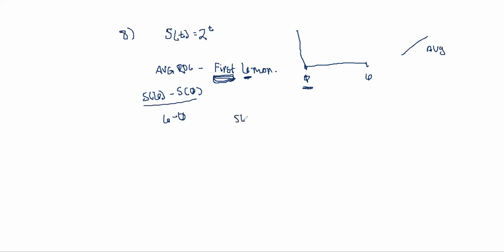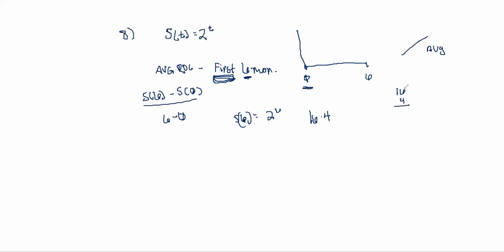So S of 6 is equal to 2 to the 6, which is equal to what? 16 times 4. That's 48. That's not right. Sorry, I don't have a calculator on me.